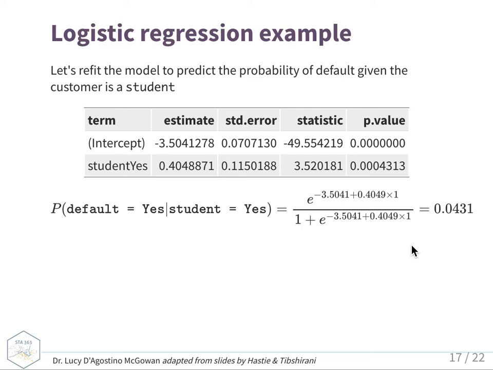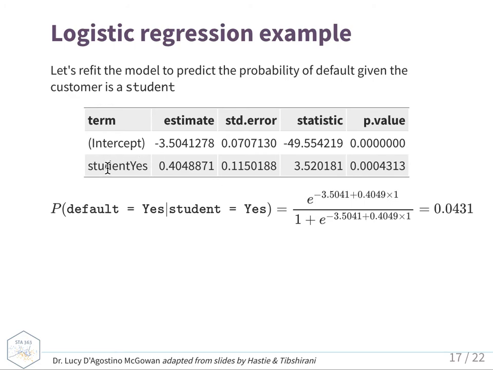Now I'm going to refit this model to predict the probability of default given that the customer is a student. So the probability that default equals yes, given student equals yes, and I'm going to plug this into that same formula, but now my x is just going to be 1.